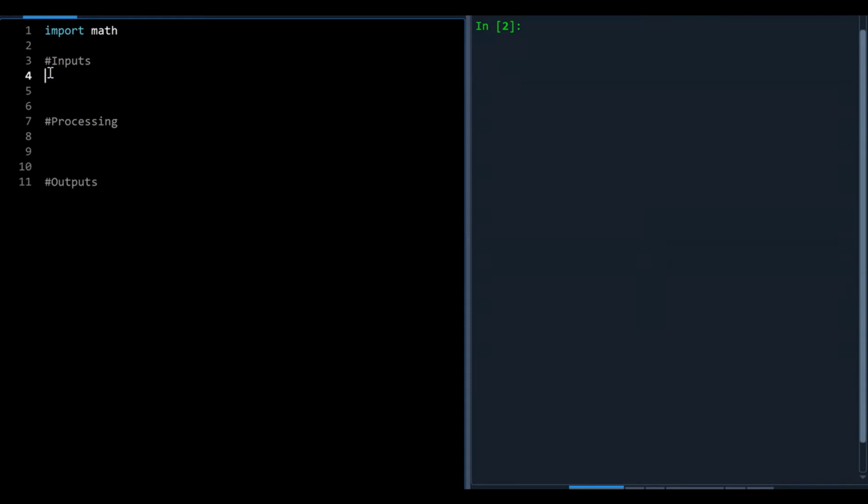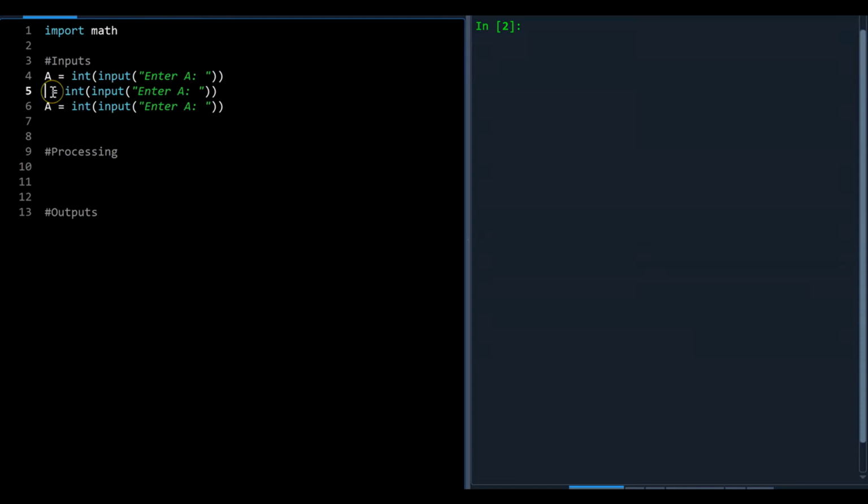So I need the three values from the keyboard: enter A, and we just need B and C as well. So I'll just make those changes. Okay, so there are our inputs.